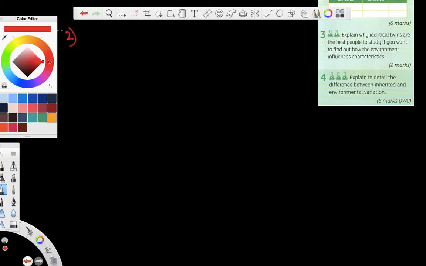You needed to say, for 1 mark, that identical twins have the same genes or inherited characteristics. For your second mark, you needed to say that therefore any differences are caused by the environment.